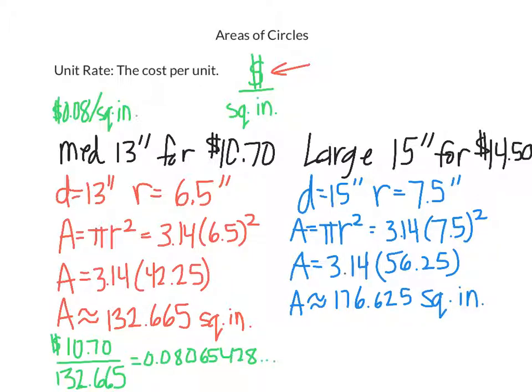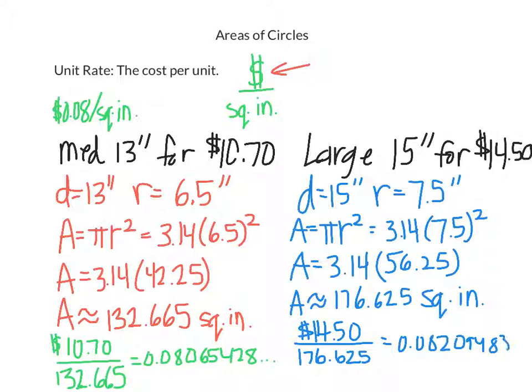And now I'm going to divide 14.50 by 176.625. And it's very close, 0.082094834, and it goes on from there, I'm sure. So this one is 0.082, which makes me go back and think, well, I should at least include this decimal or that digit right there.